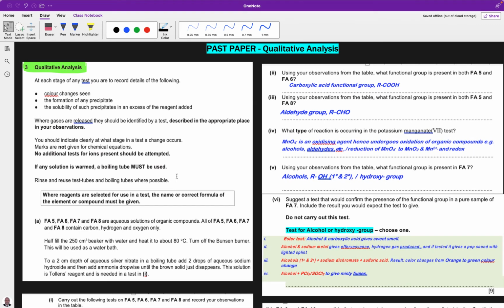We now apply this to this question paper. I did this in the laboratory, and this is what I have. This is a past question paper on qualitative analysis. The question reads: at each stage of any test, you are to record details of the following: color changes seen, formation of any precipitate, the solubility of such a precipitate in an excess of the reagent added.